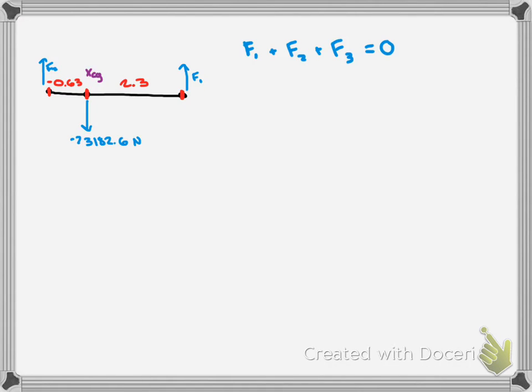Okay, so we know that those three forces sum to 0 and that the two forces, force 1 and force 2, are equal to 73,182.6 newtons. We know torque is 0, and now let's separate the values of torque 1, torque 2, and torque 3 to make them easier to understand.